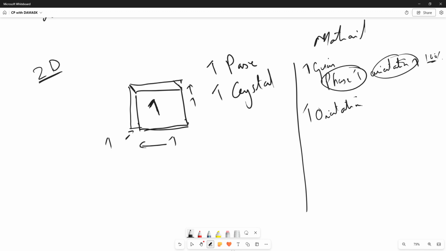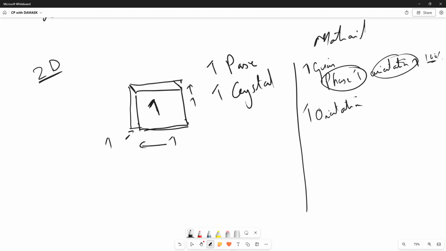Orientation is, let's say, this is one cube, but it can have orientation like this, it can have orientation like this, it can have orientation like this, right? So we define this in terms of Euler angles, and here we define all three Euler angles.